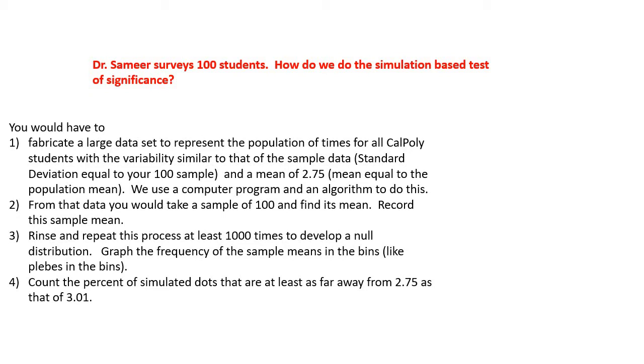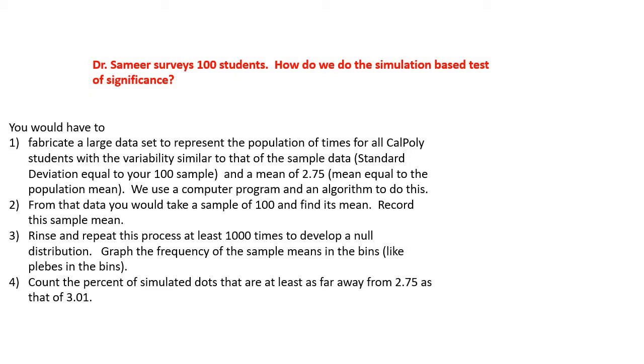Each one of the dots in that null distribution represents a person, a fabricated person, and I'm going to calculate its sample mean. So I'm going to do this 1,000 times, and then I'm going to graph the frequency of those sample means in the bins. Remember I told you the dot plots are plebes in a bin? In the same way, each of those sample means is going to fall somewhere, and I'm going to put them in their appropriate bin.